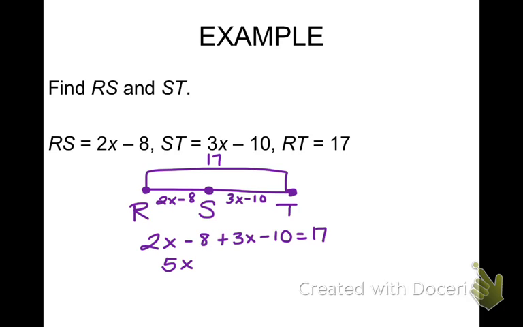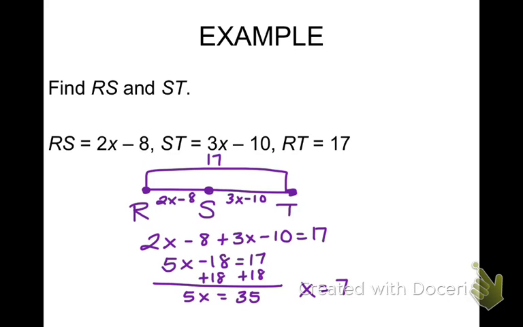A negative 8 and a negative 10 combines together to make negative 18 equals 17. Adding 18 to both sides gets me 5x is equal to, what is that, 35? So 35 divided by 5 is 7. So x is equal to 7.